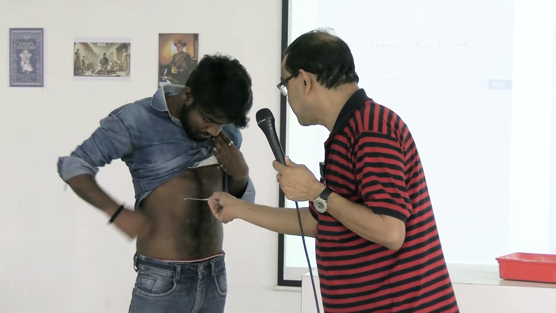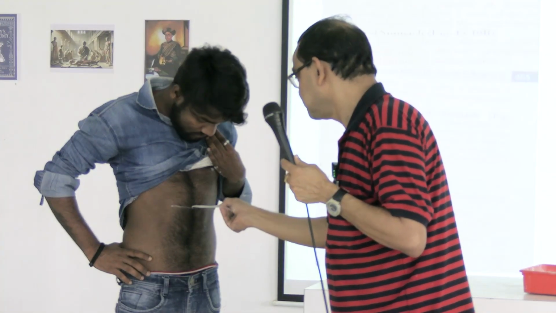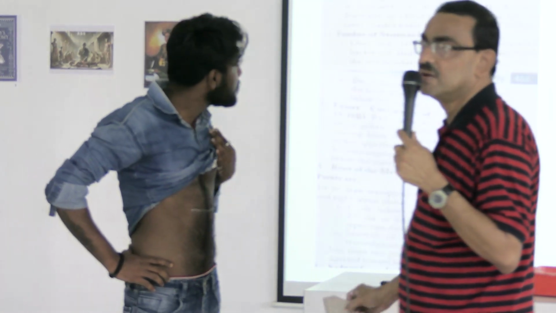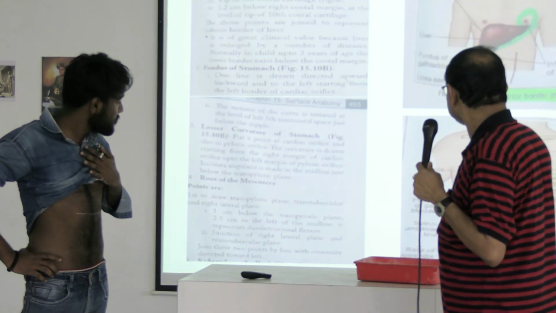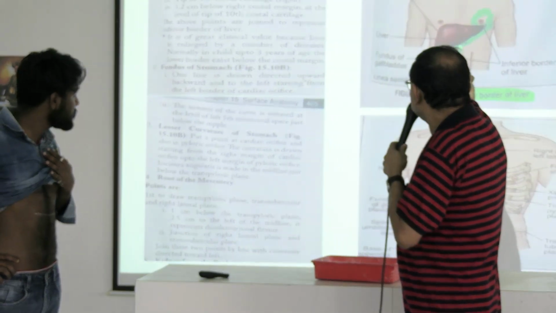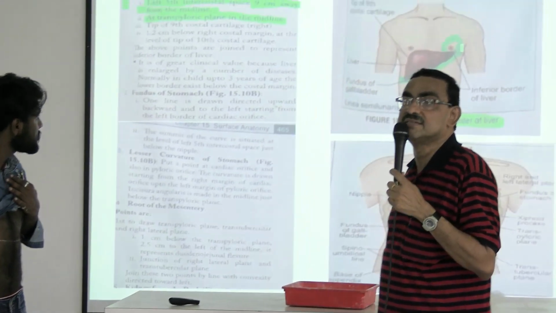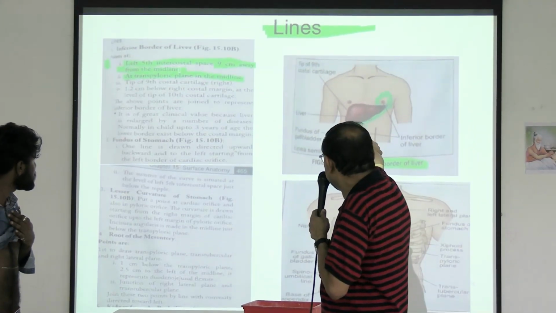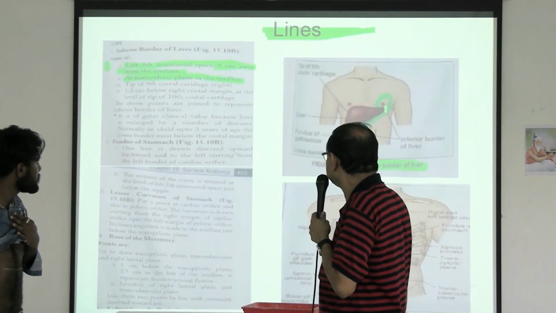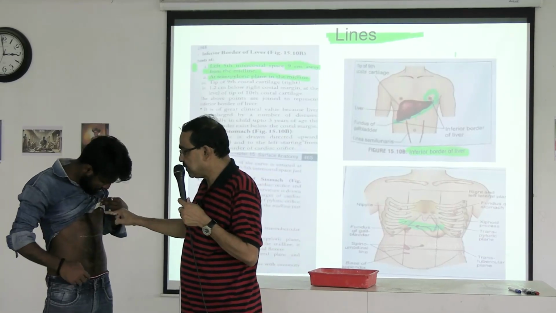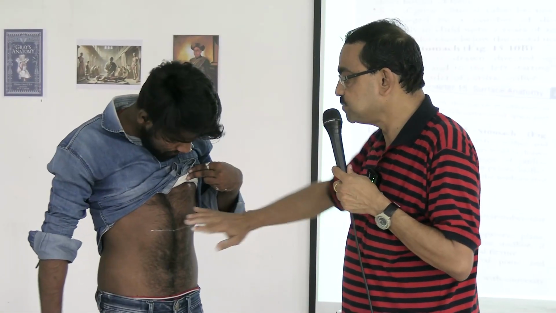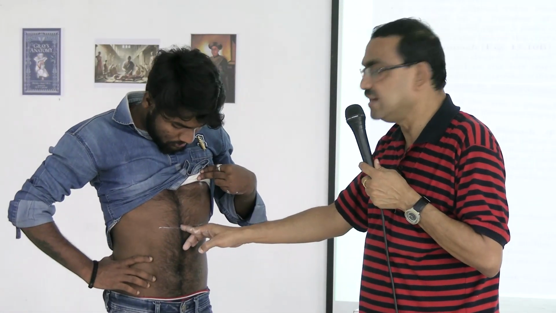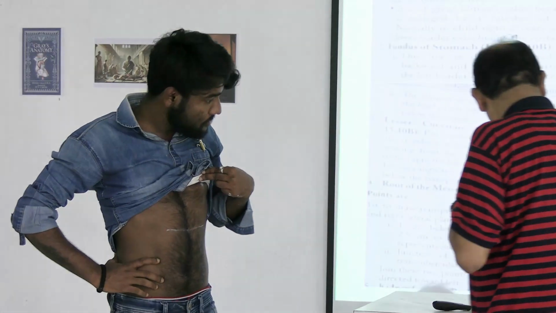This is the transpyloric plane. The first point is given at the cardiac apex. You can see the cardiac apex. This is the cardiac apex. Now I am drawing this transpyloric plane. The next point is at the midline at the transpyloric plane.